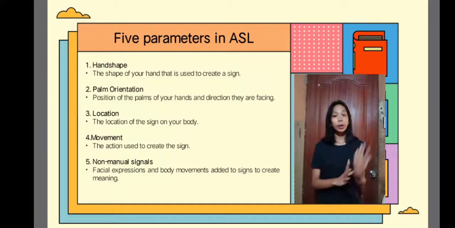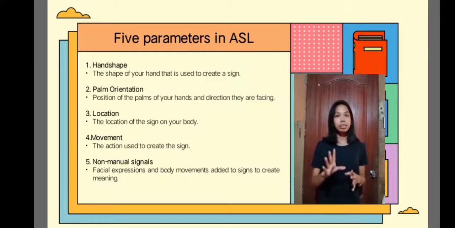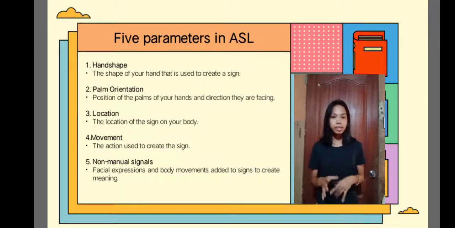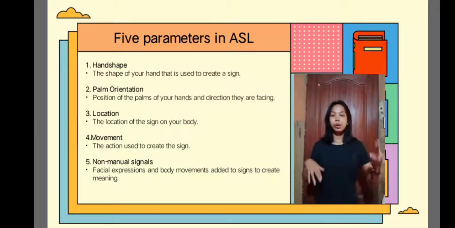It is really important to use facial expressions in American Sign Language, because it makes it easier for deaf or hard of hearing learners to understand what you say or sign to them.